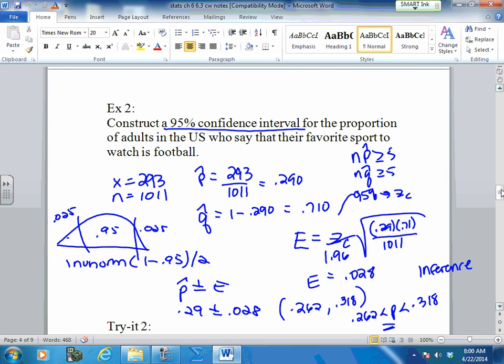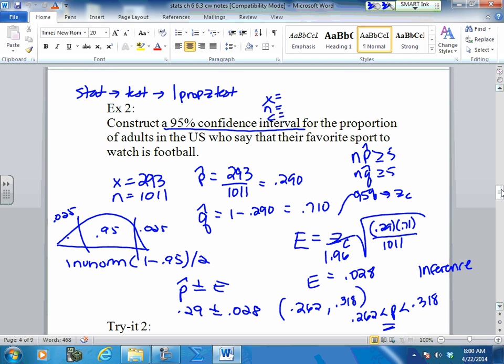Now, in your calculators, for those of you that like your calculators, you're going to go to stat, go to test, and you only have one proportion. It's a one proportion z-test. They need the x and the n, and they need your confidence interval.